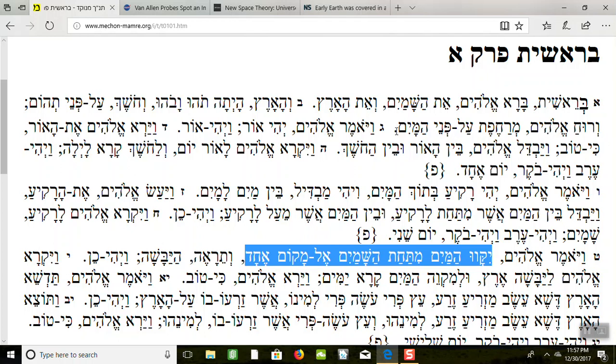So the very interaction that we have with the Most High is moving upon the waters. Essentially there was only water at this point. He said, now I'm going to put the waters into one designated place, and now I'm going to allow the dry land to appear. And it was so.